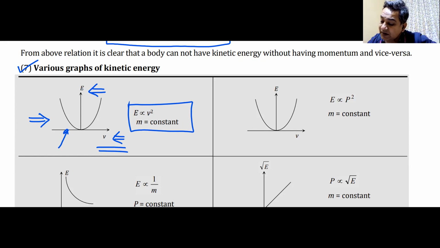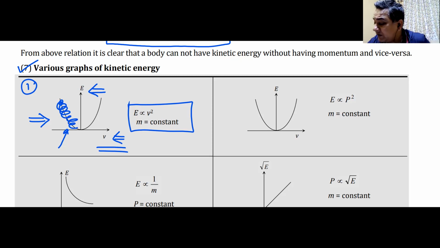Graph number 1 is the graph between kinetic energy and velocity v. The velocity is also plotted along the negative x-axis because they've thought of it as directional velocity. Negative means the opposite direction. If this graph comes in the exam, the negative part may not be there, because they will draw the graph between speed and energy.